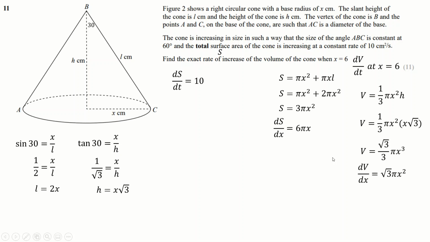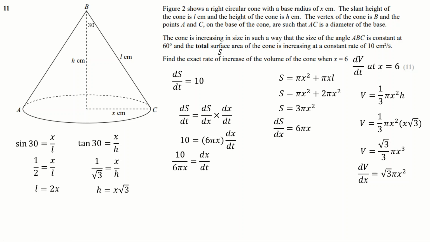And now I've got dS by dx, I've got dV by dx. Remember, I want dV by dt. So let's mess with these, because this seems hopeful. dS by dt is the same as dS by dx times dx by dt, because the dx's would kind of cancel and you just end up with dS over dt. But I know dS over dx, that's this, and I know dS by dt, that's this. So I can find dx by dt.